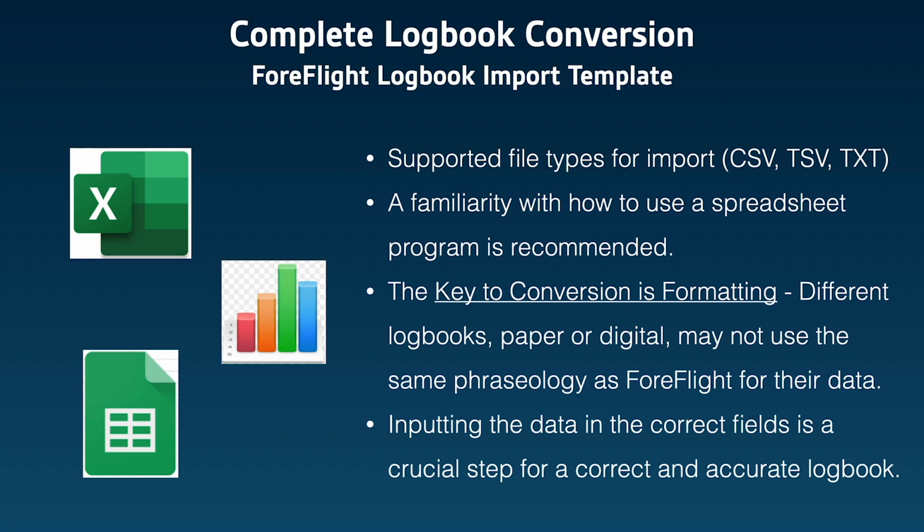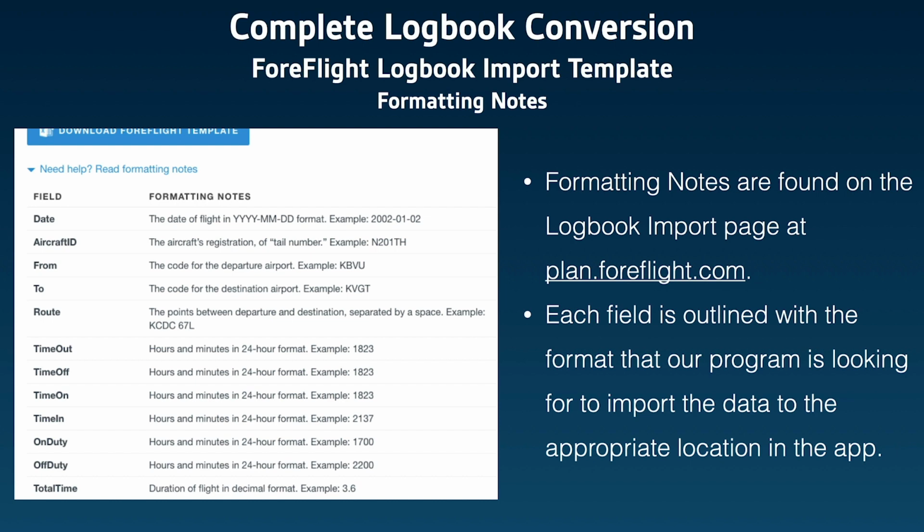When I'm supporting the logbook questions through the emails that you send in to team@foreflight.com, I always say that the key to conversion is formatting, because the information that we put in here has to go in the right category and be expressed properly. From the same web page that you downloaded the CSV file from, you'll also be able to tap and read our formatting notes. This is also available as a support document at foreflight.com/support.